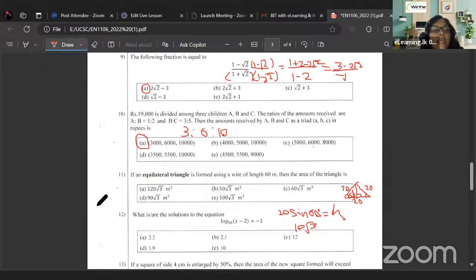Then you can find the area by using the equation half into the base, which is 20, and the height, which is 10 square root 3. Right? Then 10 into 10, 100. 100 square root 3 is the answer. Right? Here we have used trigonometry.